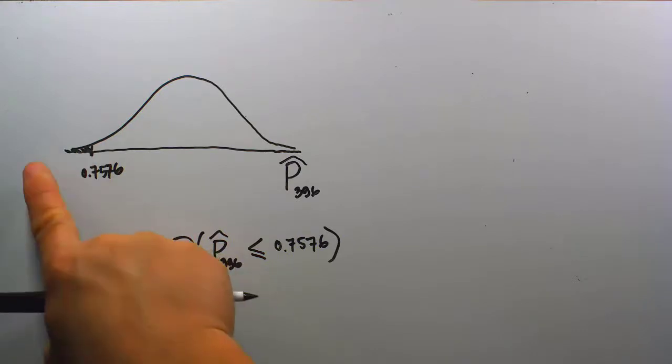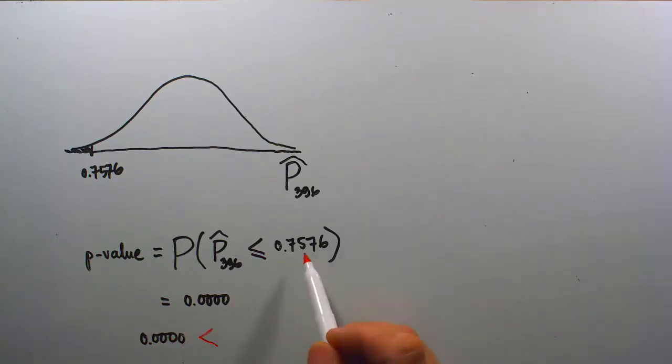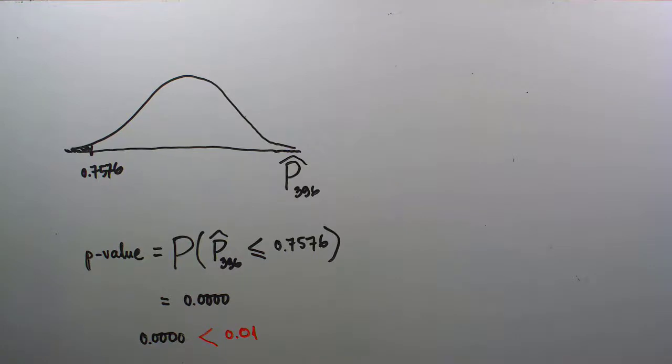From this p-value, represented graphically as the area shaded in black to the left of 0.7576, we went further and compared it to the significance level, and we noticed that this p-value is well below 0.01, which is the significance level.